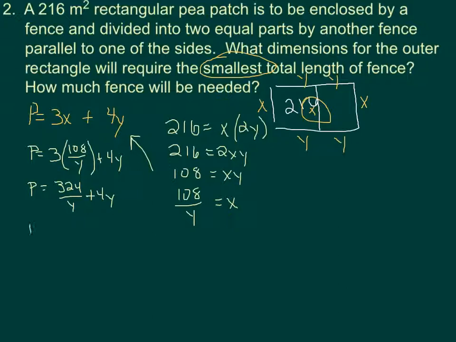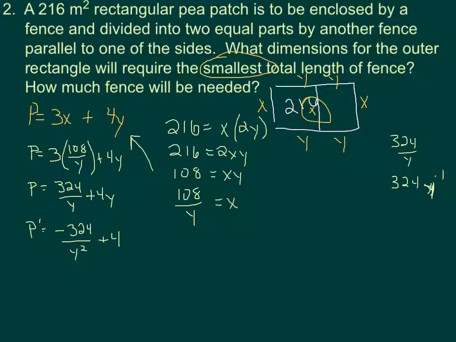All right, and this is what we're going to minimize, so we're going to take its derivative. Okay, so we could rewrite that. That would be 324. I'm just going to write it over here. 324 divided by y is the same thing as 324 y to the negative 1. Okay, so when we're taking the derivative, it might be easier for you to do that as a power rule. But either way, we're going to end up with negative 324 over y squared plus 4.